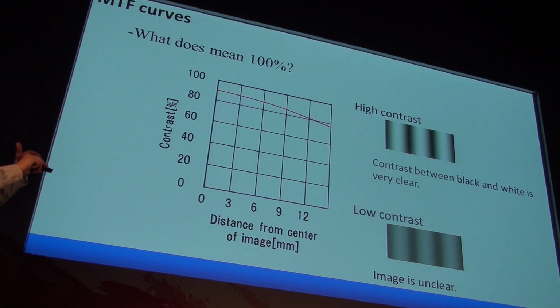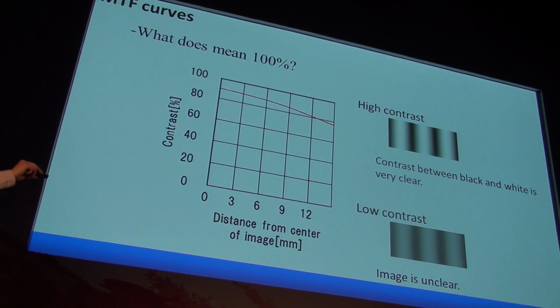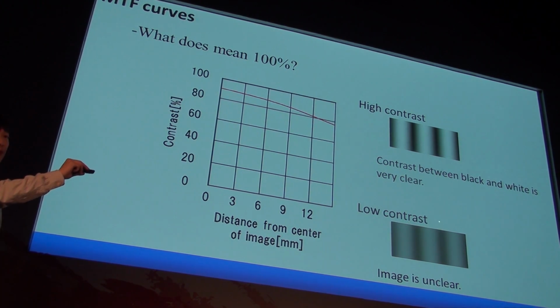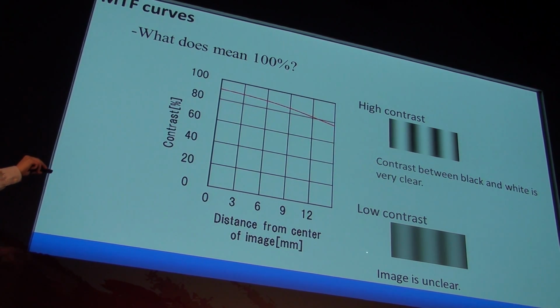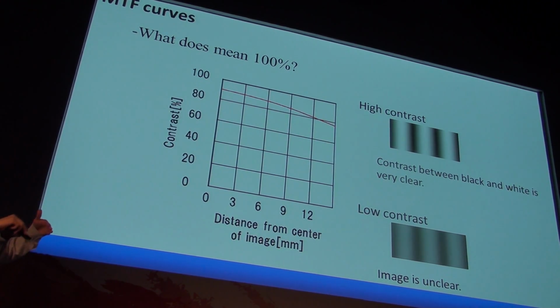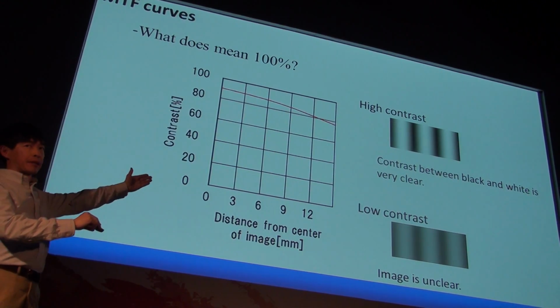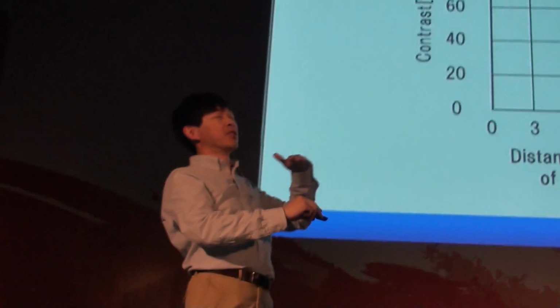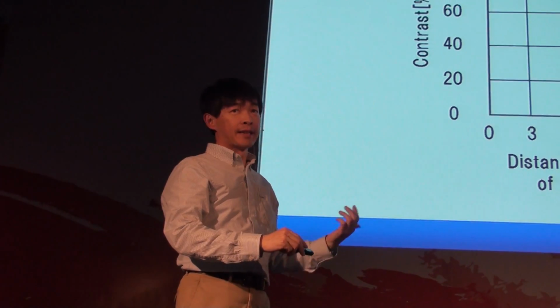In that case, the contrast is high. But in low contrast, the image between the black and white is unclear. So in this case, the image becomes blurred and unclear.